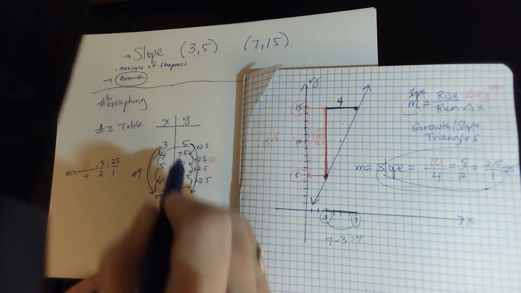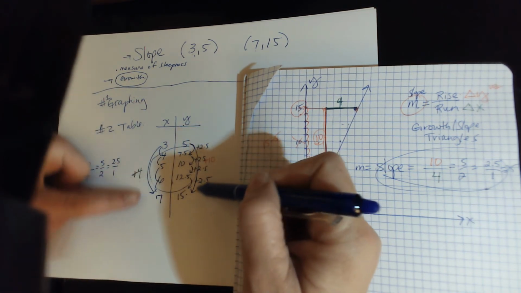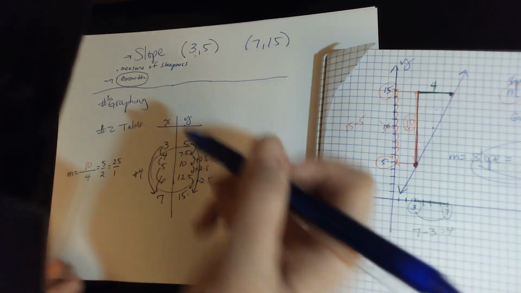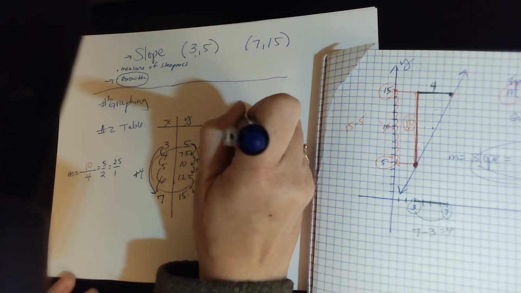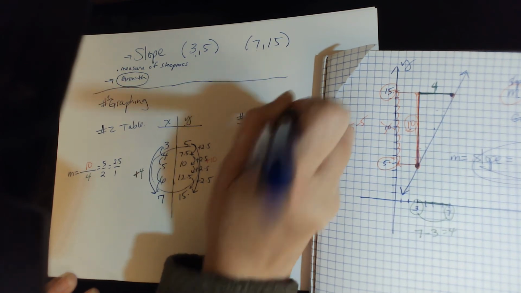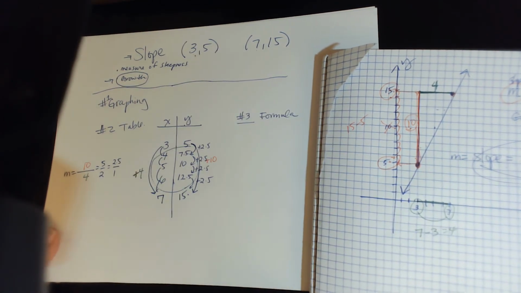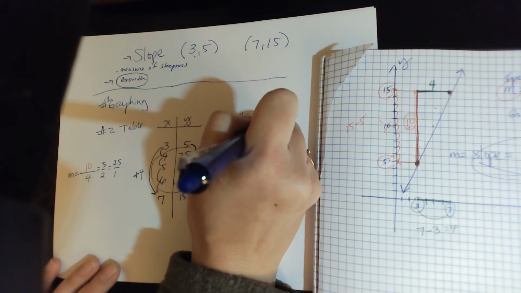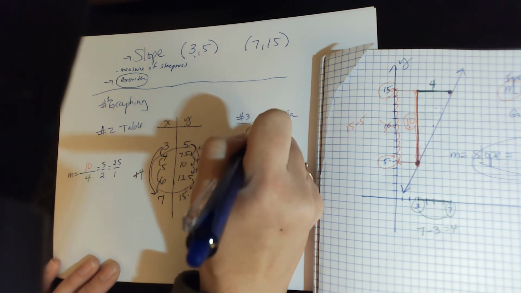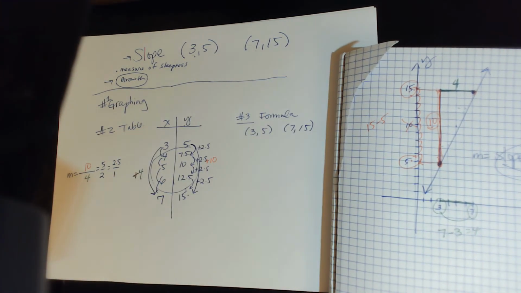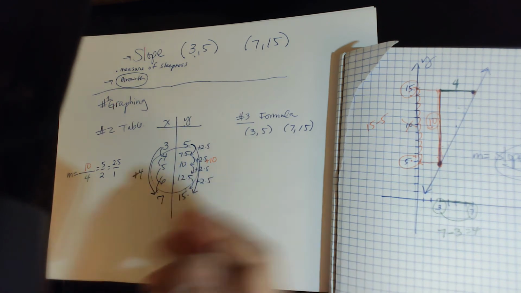Not all this in between, but just figuring out that 10 and 4 piece, right? And so that leads me to method number 3, which is the algorithm, the formula, the procedure that's commonly taught in an algebra class. And it connects all to this. And here it is. This is the quickest way to find slope, but it's also the easiest way to make mistakes.